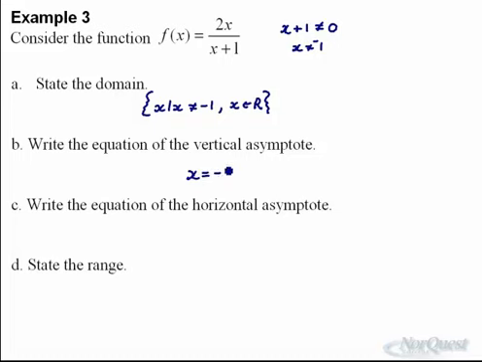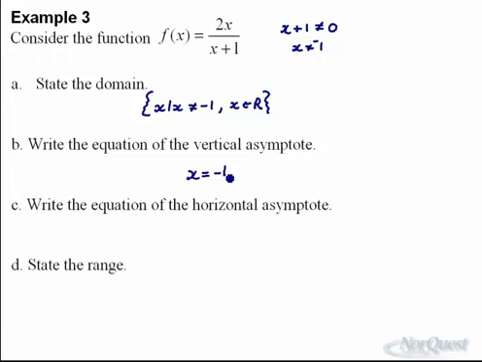X equals negative 1. Now the horizontal asymptote, we compare the degrees. The degree of the numerator is degree 1. The degree of the denominator is degree 1. Since they have equal degrees, the horizontal asymptote will be the leading coefficient of the numerator divided by the leading coefficient of the denominator.